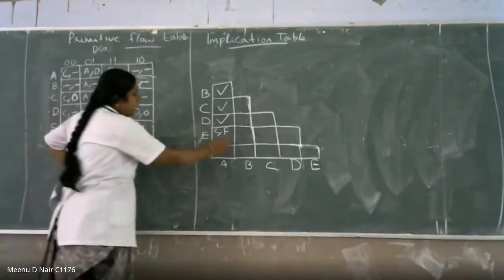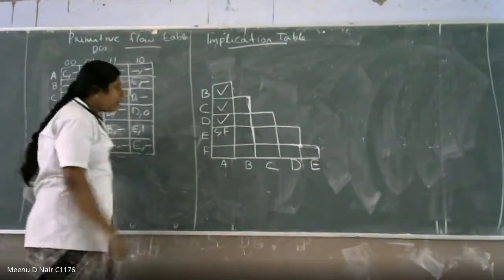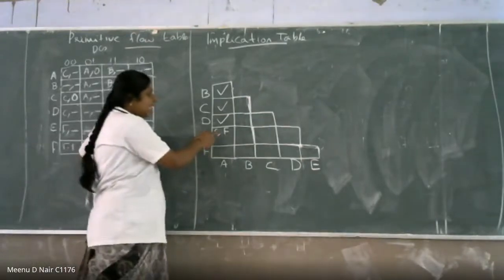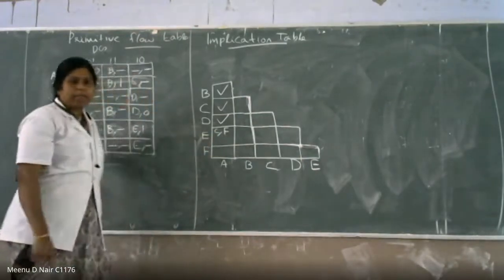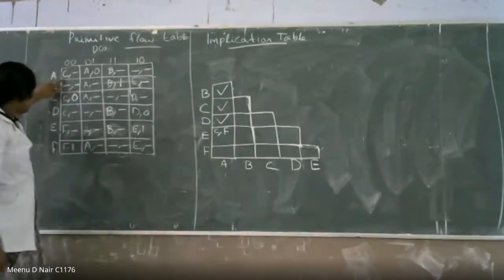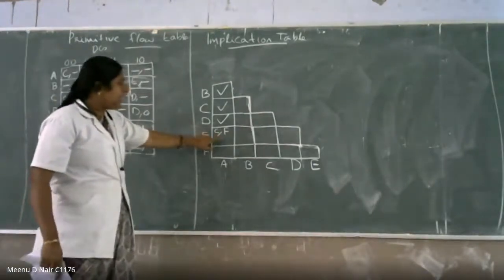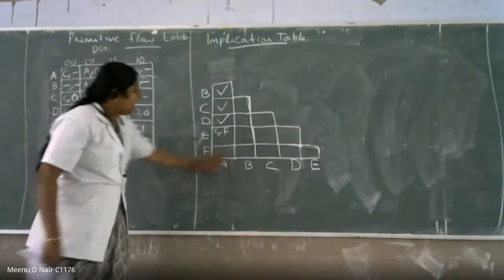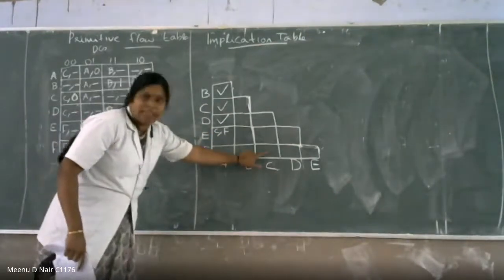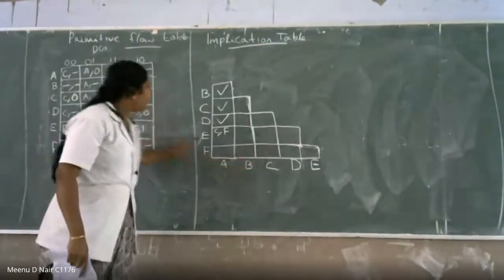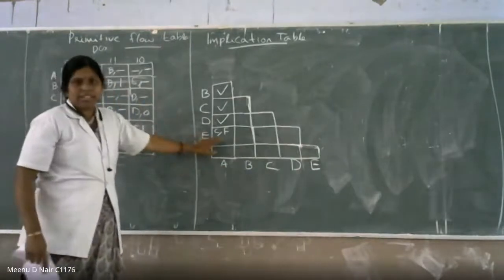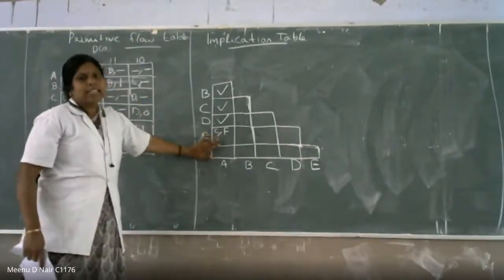We are not putting a cross mark, because we want to check the actual cell C and F, whether it is comparable or not. Then only we can put a cross mark here. Otherwise, we are just putting it as C comma F.